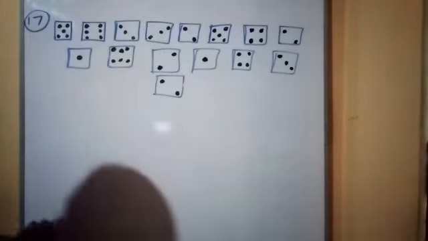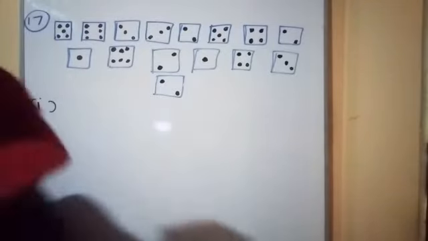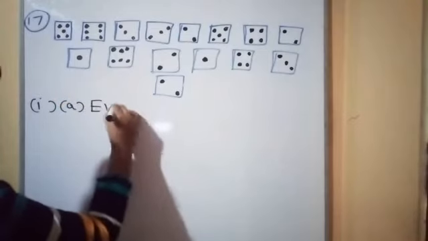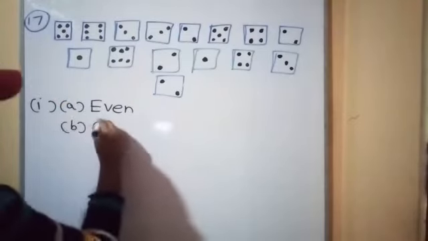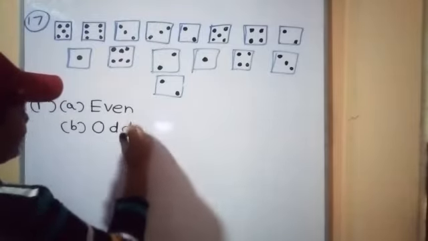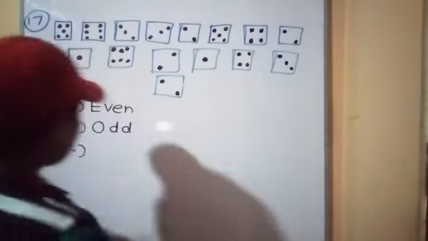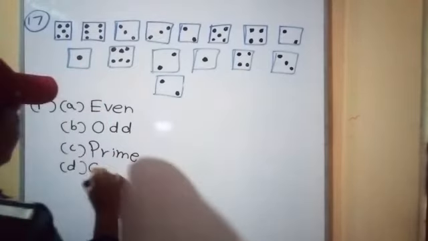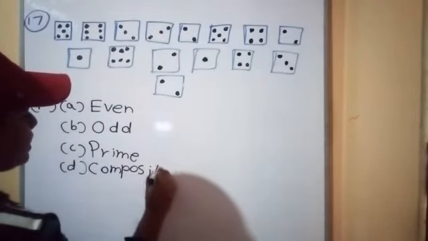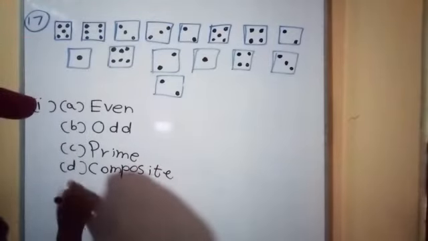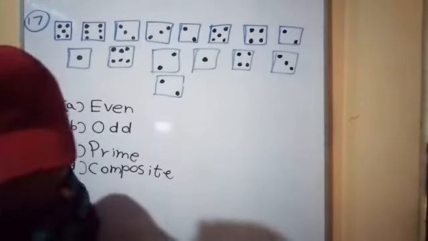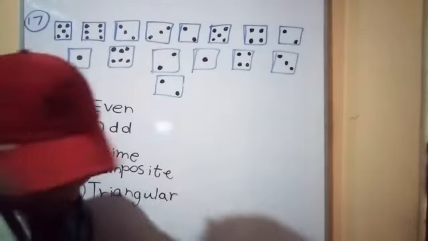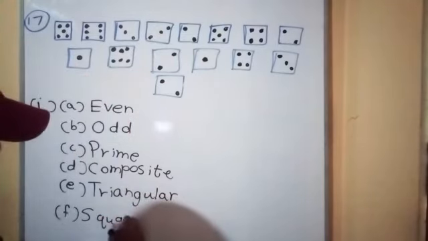They give A, even numbers, B, odd numbers, C, prime numbers, D, composite numbers, E, triangular numbers, and F, square numbers.